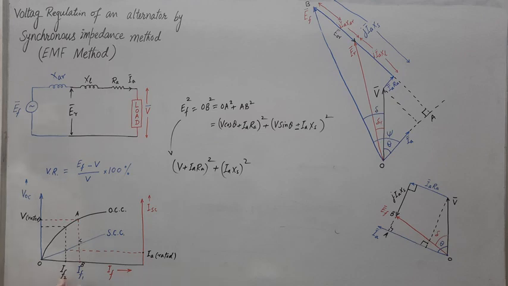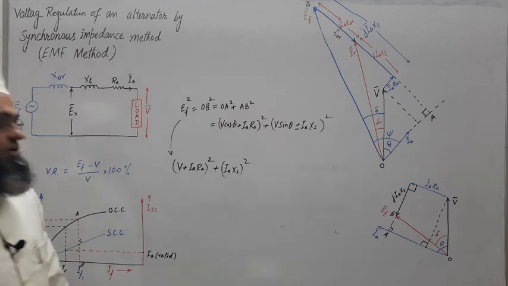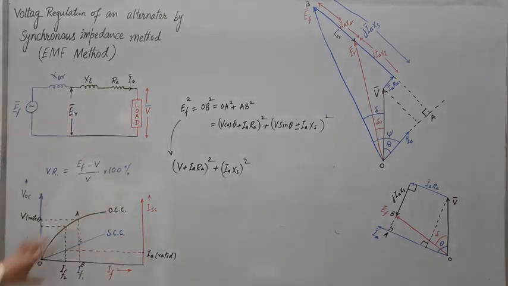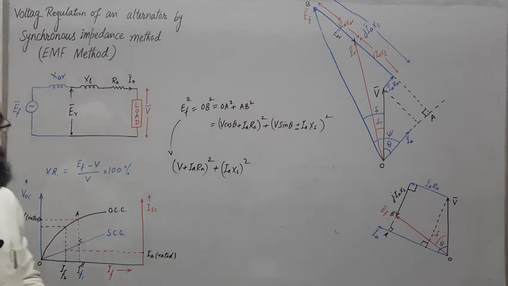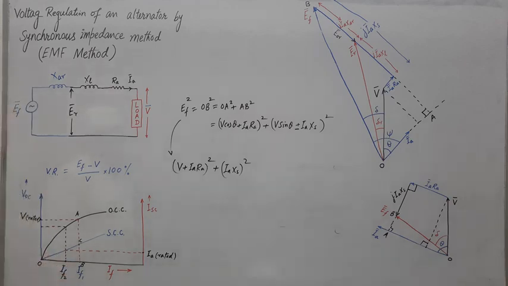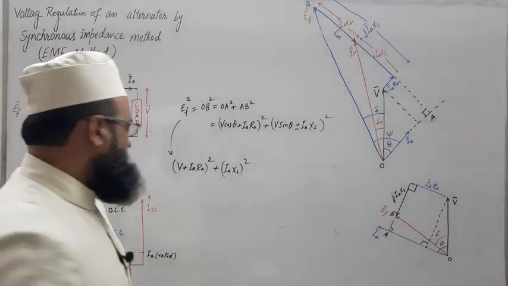You know it very well with the discussion of these two tests covered in previous lectures. By anyhow, ZS will be obtained. That will be nothing but ratio of open circuit voltage to the short circuit current for the same field current corresponding to the data given in the problem.